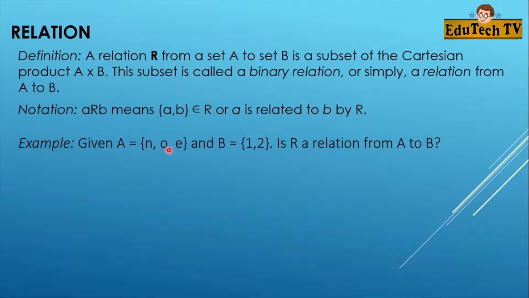Given set A equal N, O, E and set B equal 1, 2, is R a relation from A to B? If we have the relation R equal to N1, N2, O1, O2, E1, E2, is this relation a subset of A times B? Now let's check each ordered pair.